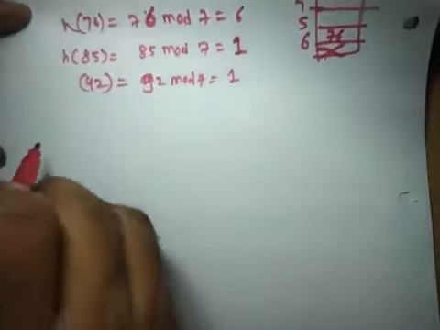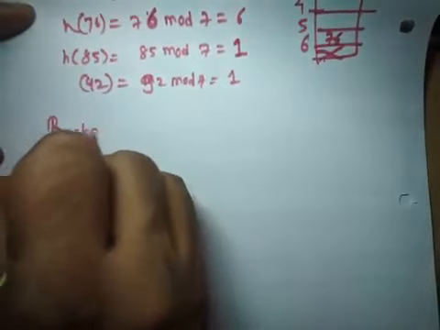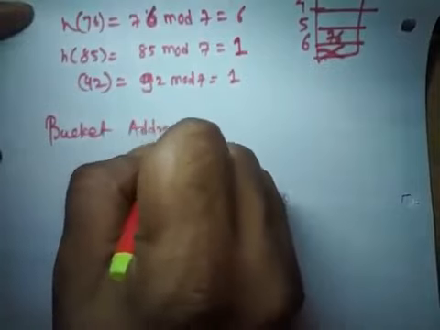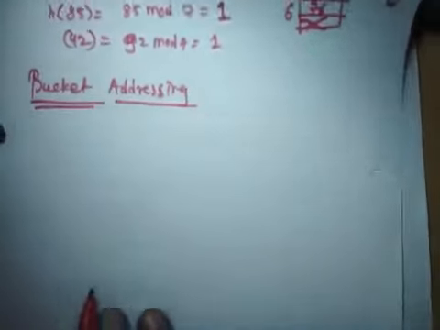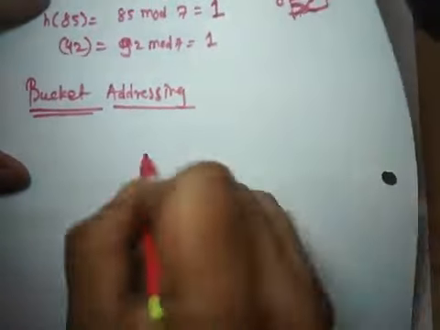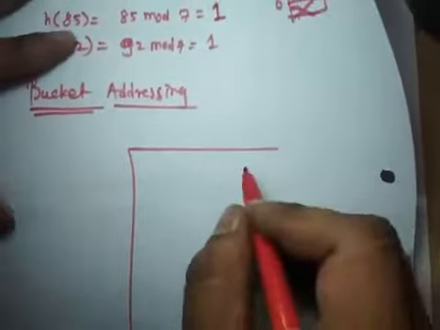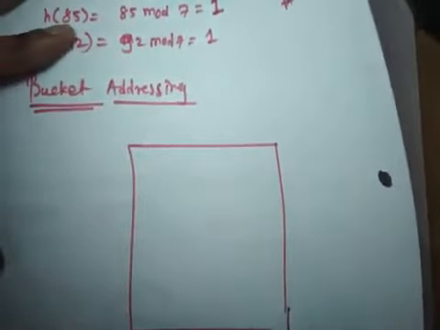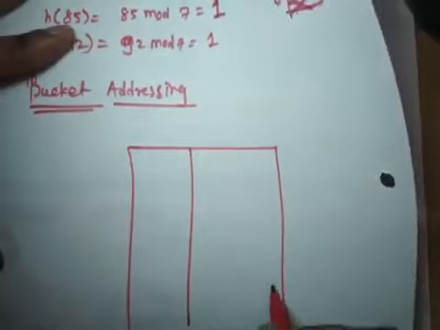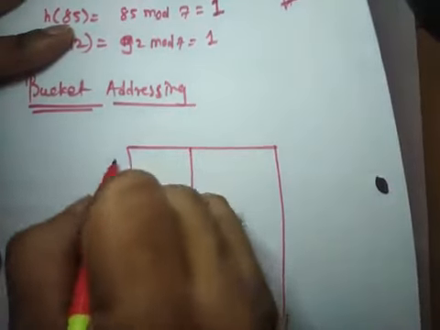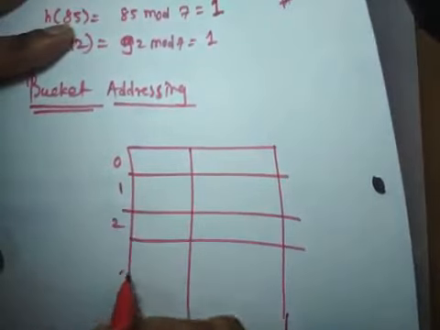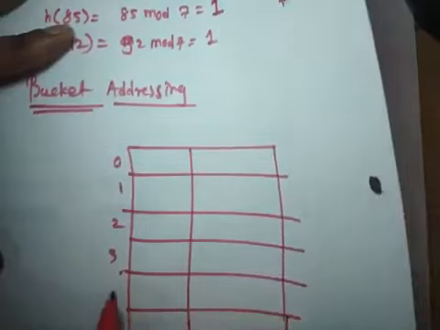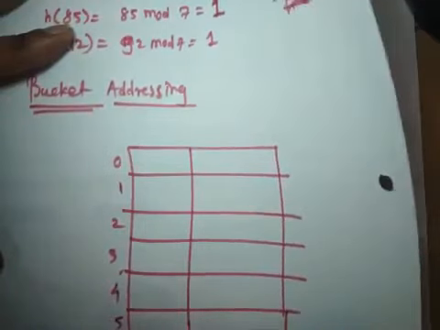Now the last one, bucket addressing, another collision resolution technique. In this technique, we have a bucket associated with each address location. So this is 0, 1, 2, 3, 4, 5 and 6.